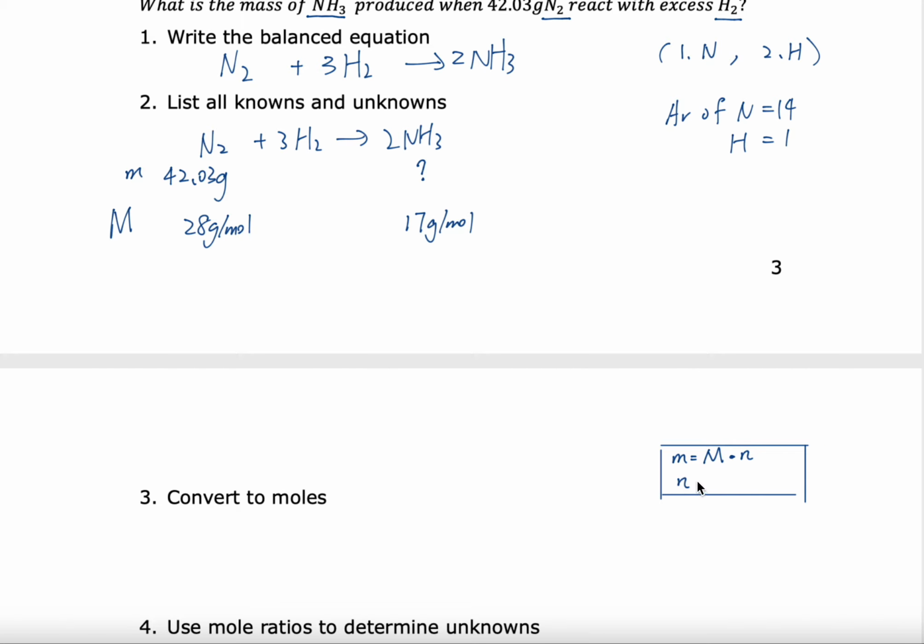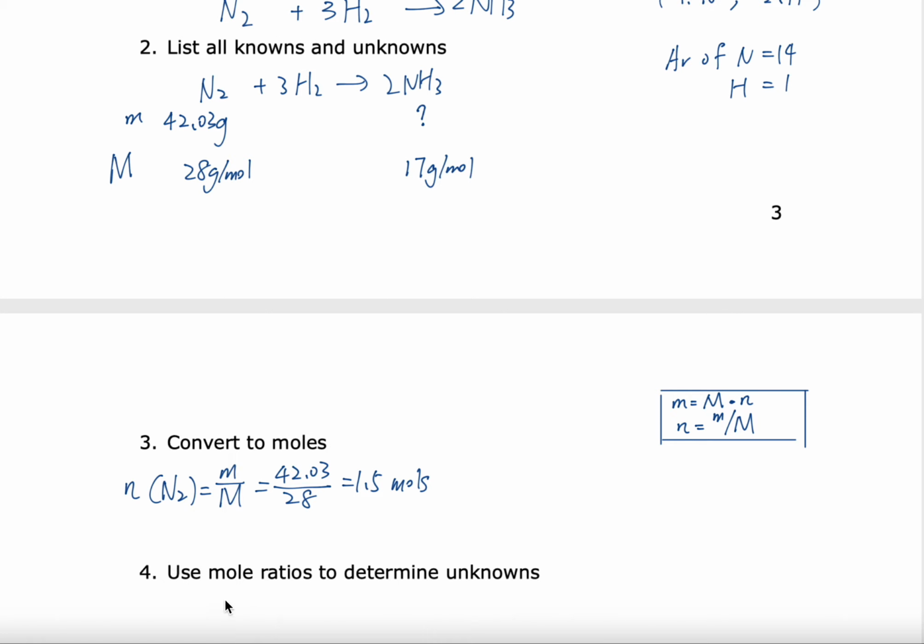The number of moles is equal to baby m divided by big M. To convert into moles, we can find out the number of moles of the N2 by using baby m divided by big M, which is equal to 42.03 divided by 28. And this is roughly 1.5 moles.